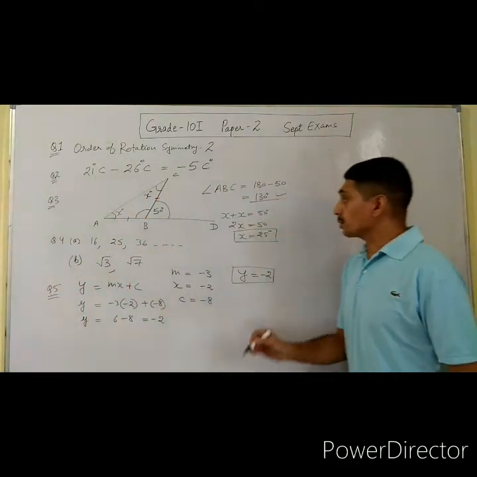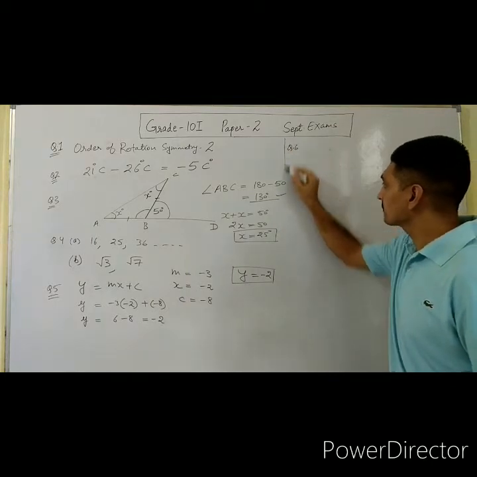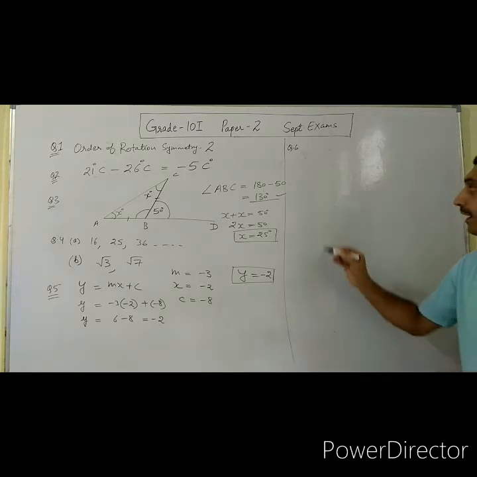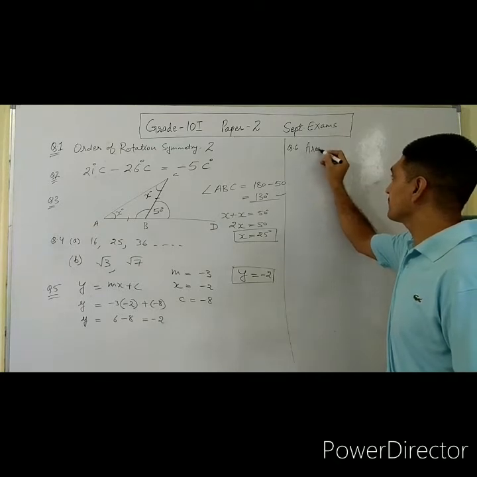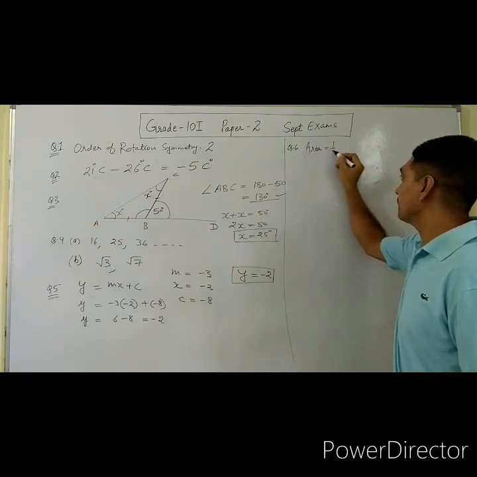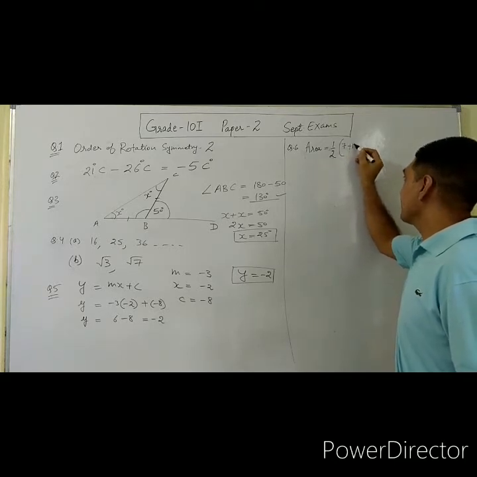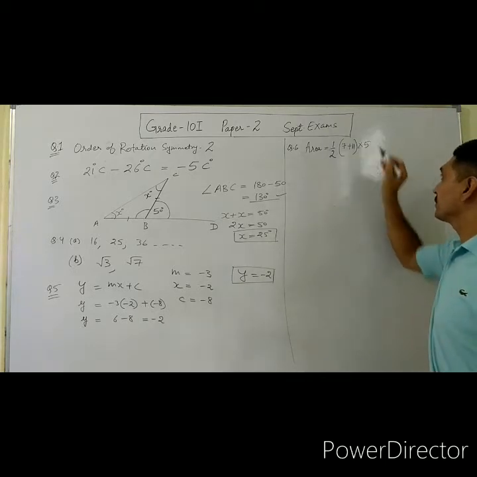Now switch over to question number 6. In question number 6, here we have a trapezium and the parallel sides are also given. So here we have to find the area of the trapezium. Area of the trapezium is equal to half into the sum of parallel sides, 7 plus 11, and the perpendicular height h, that is 5 units.